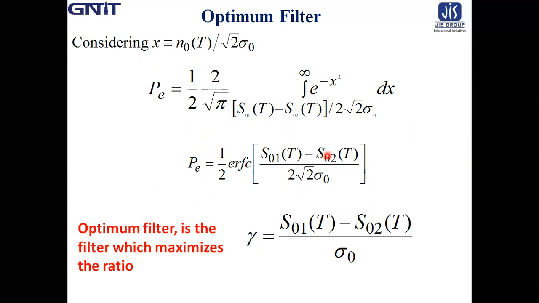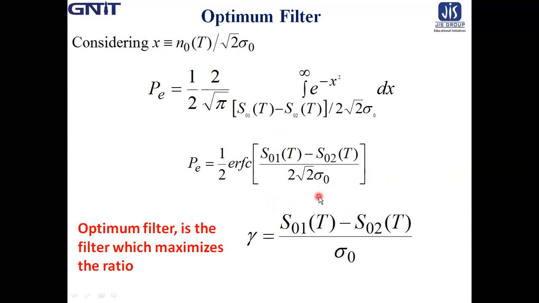So optimum filter means you have to minimize this error probability. That means the argument term should be maximized. So PE decreases as the difference S01(t) minus S02(t) becomes larger, and as the RMS noise voltage sigma 0 becomes smaller.